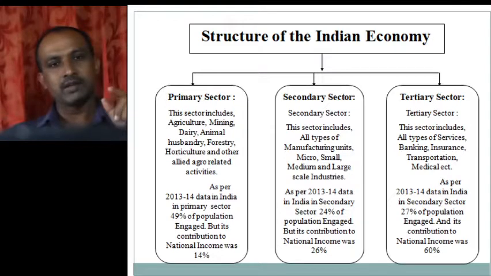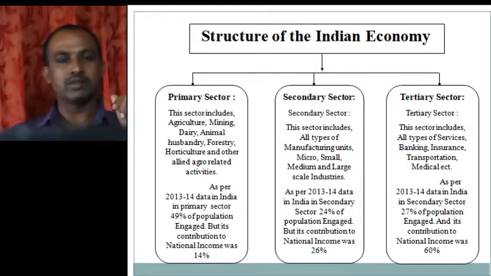In the secondary sector or industrial sector, 27% of the population was engaged, and the contribution was 26%. And 27% of the population engaged in the tertiary sector contributed 60% to national income.